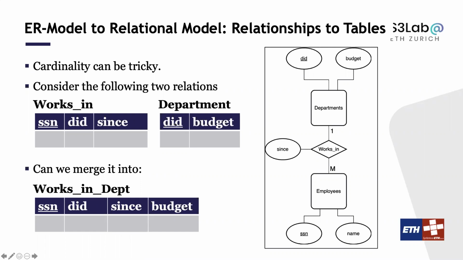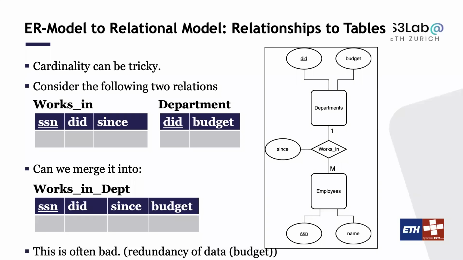So what are the pros and cons for these two options? This is actually a different scenario in the sense that in most of the cases, you actually do not want to merge them. The fundamental reason is they do not share the same key.